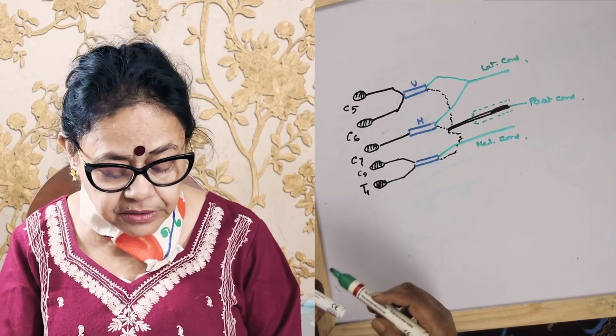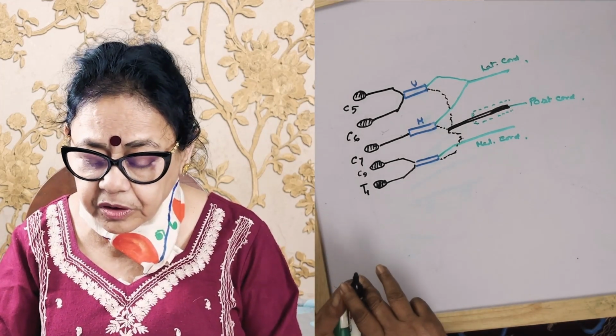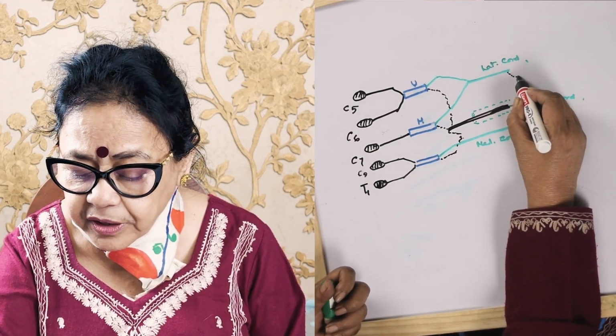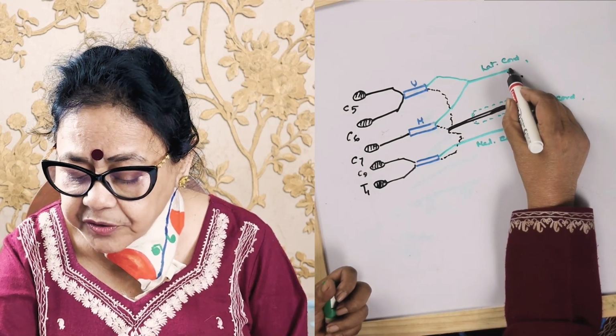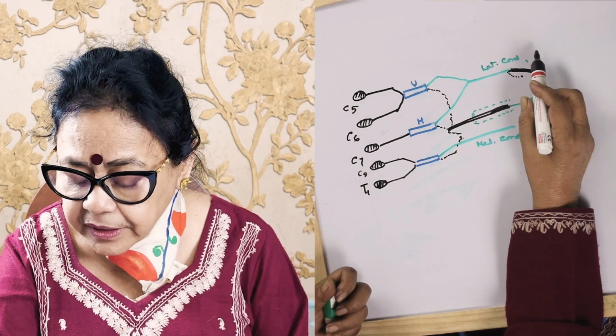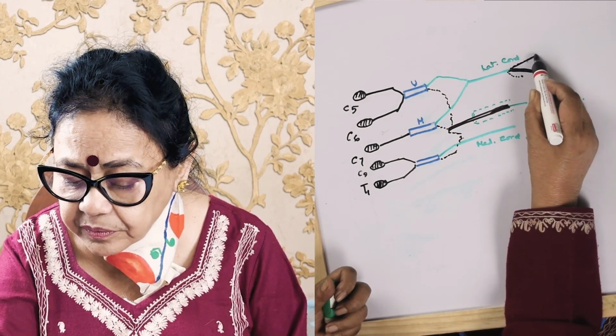Now what are the branches of these cords? From the lateral cord there arises the lateral pectoral nerve, the lateral root of the median nerve, and another, the musculocutaneous nerve.